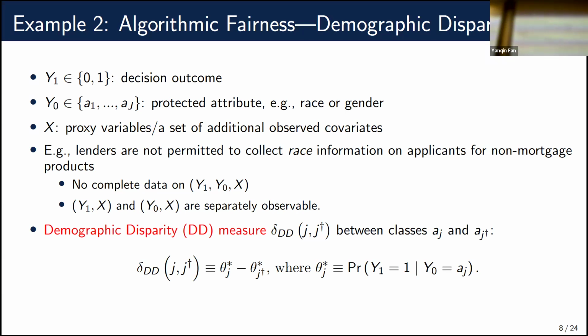Now this DD measure is defined between any two classes, or two categories, A_j and A_j dagger. And the definition is also very simple. It's just the difference between two conditional probabilities. So the DD measure between these two classes is just the difference between the conditional probabilities of, say, a positive outcome for two different classes. That's very simple.